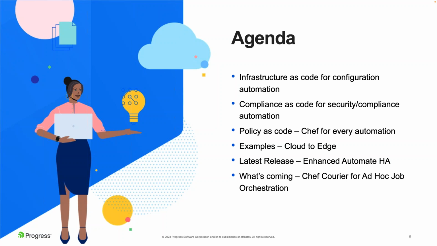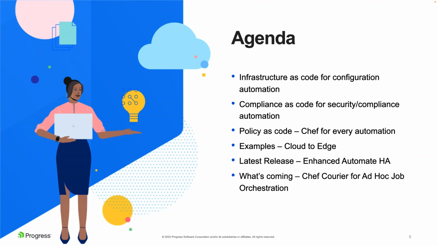Post that, we will walk through some of the customer examples, real examples of Chef's capabilities from the cloud to the edge in terms of configuration and compliance and application delivery automation. We'll then take a look at some of the latest developments we've made within Chef, most important of which is the new Automate HA, the enhanced Automate HA.